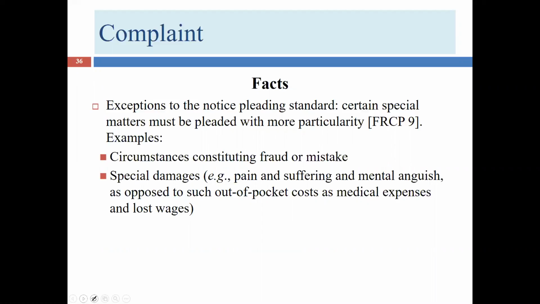There are some times where you have to plead certain matters with more particularity, and that's going to be Rule 9. These are circumstances involving fraud or mistake, or when you're alleging special damages, such as pain and suffering. Let's look at Rule 9 so we can see what's going on there.